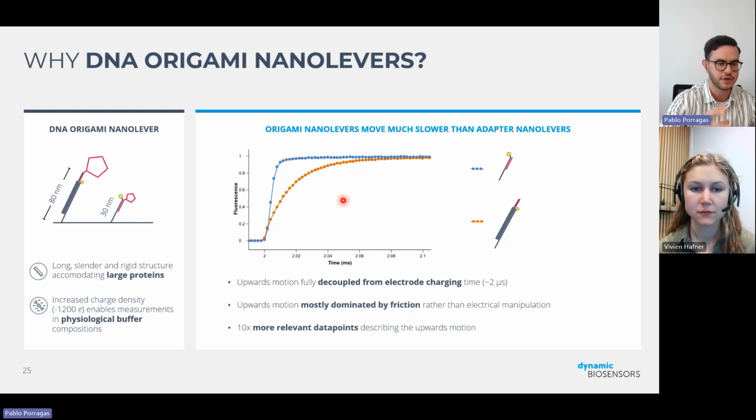So if there's a change in friction, we'll be able to pick up on that. Of course, there surely is a limit, but like I said, we haven't come across exactly what that limit is quite yet.